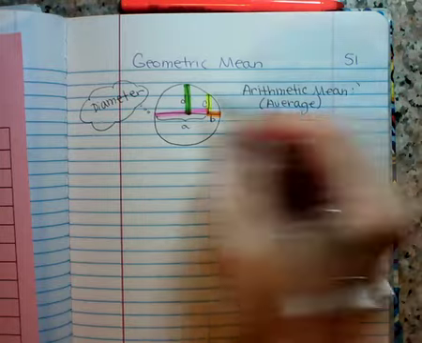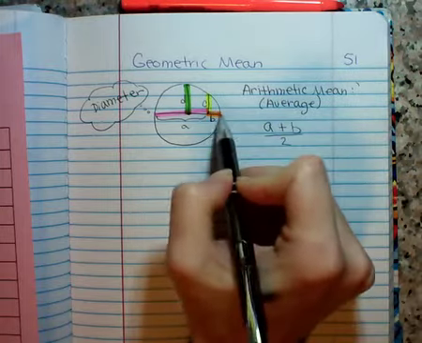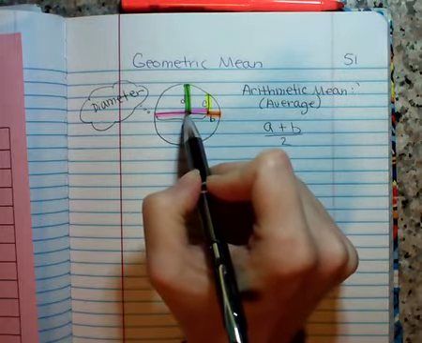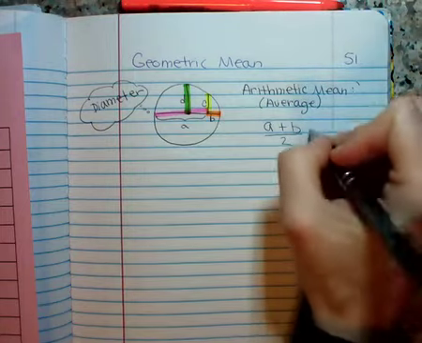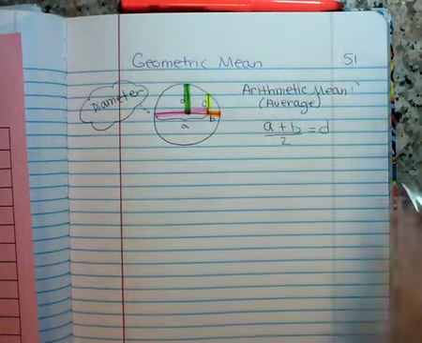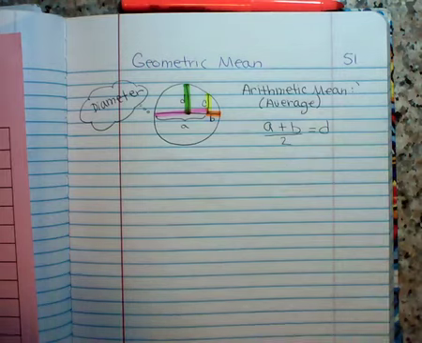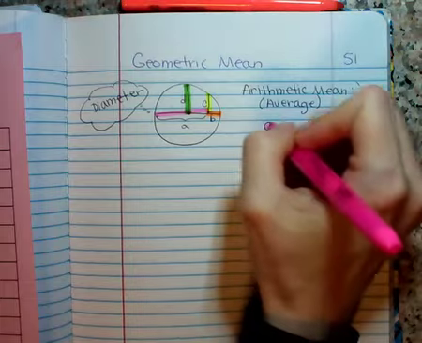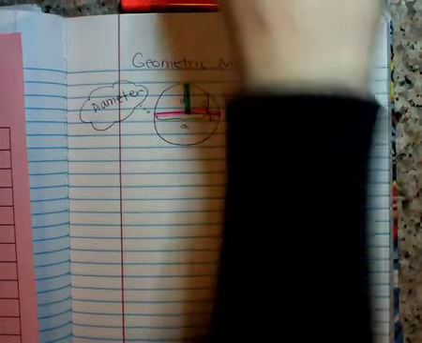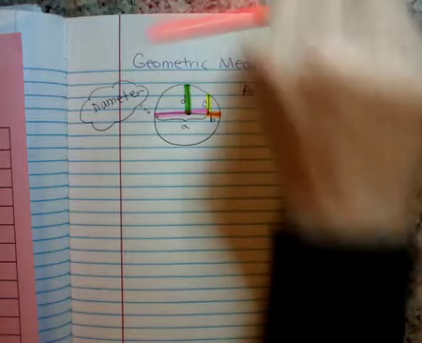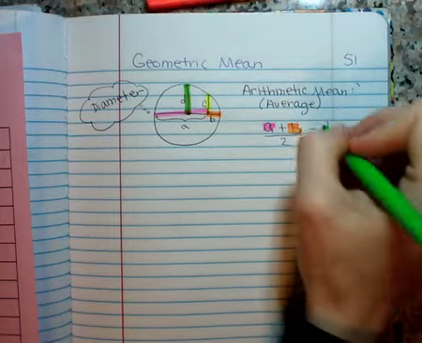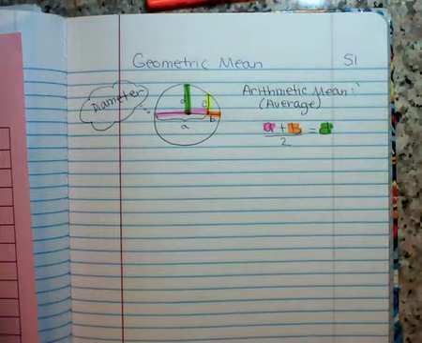And when we do this, we will get our whole diameter divided by 2 gives us a radius, so that will give us the length of D. So I'm going to highlight in my equation as well. A plus B divided by 2 gives us D.